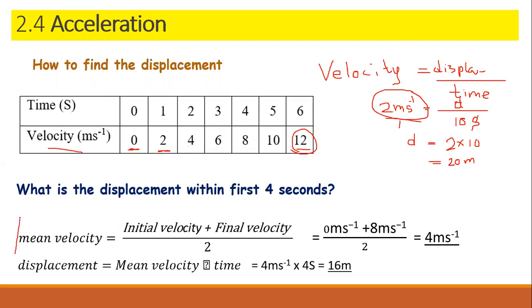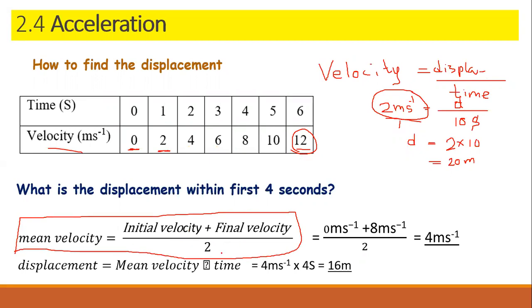So here, what we have to do is take the mean velocity. To find that, we have to add the initial velocity and final velocity together and divide by 2. That means 0 plus 12 divided by... no, here there's a question.